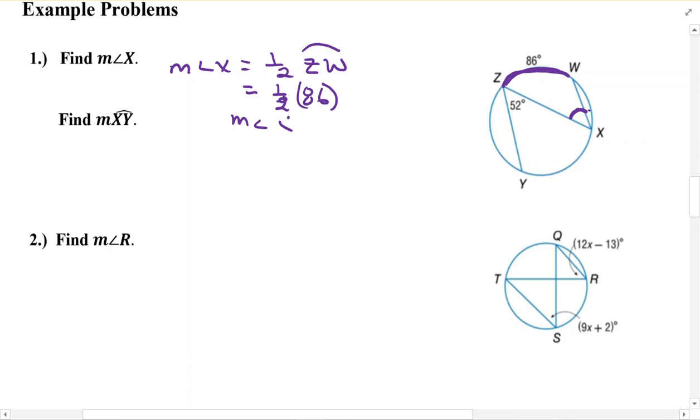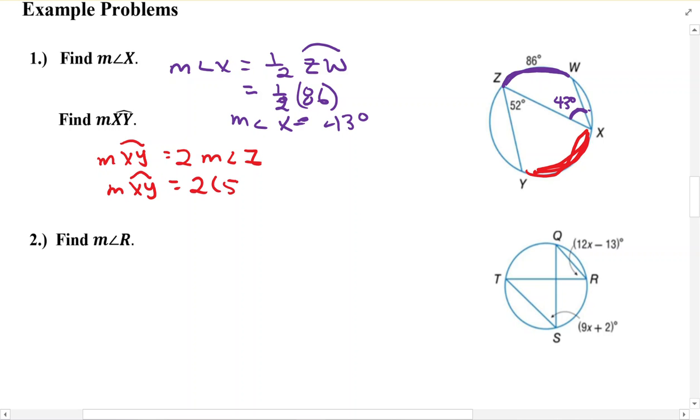So the measure of angle X would equal 43 degrees. Next, we want to find the measure of arc XY. We know that the measure of arc XY is 2 times the measure of angle Z. So the measure of XY is 2 times 52 degrees. So the measure of arc XY would equal 104 degrees.